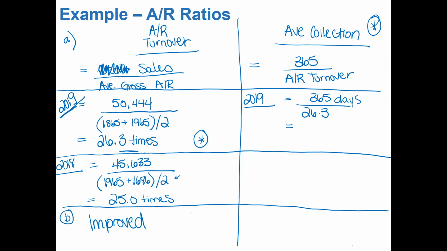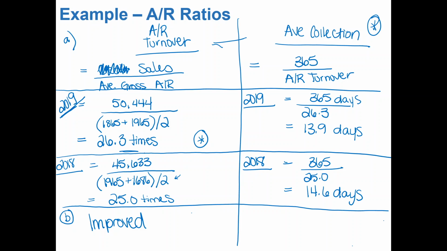When we do this, we get 13.9 days. And that's something I can think about, and it makes sense. They're collecting their accounts receivable on average in 13.9 days. For 2018, we take 365 divided by the 25.0, and we get 14.6 days.